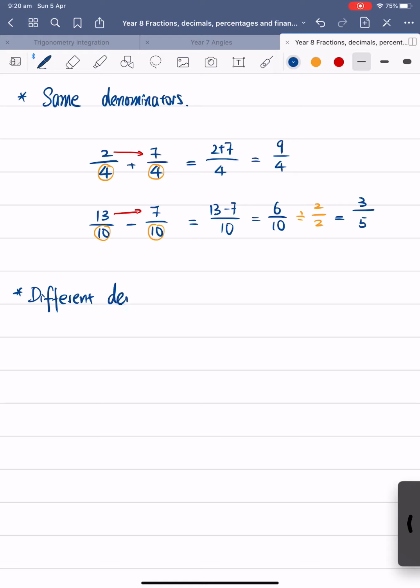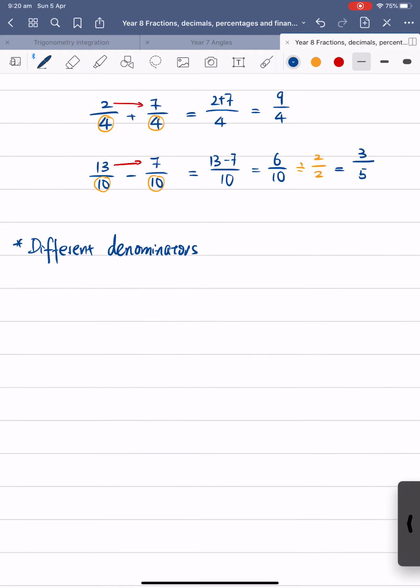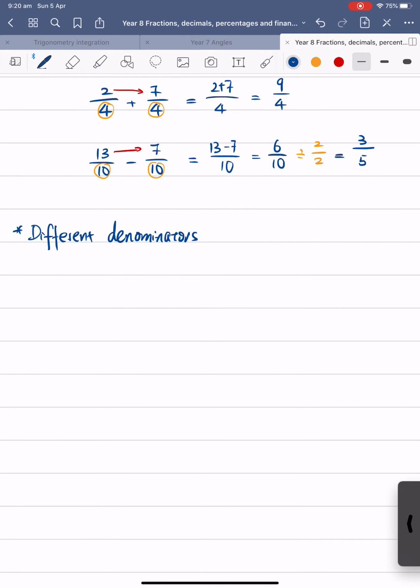So different denominators, and how do we do the calculation with different denominators? All right, so let's start with the first example here. How about 1 over 2 plus 2 over 3? How do we do this question here if the denominators are different numbers? All right, so what we need to do is there's a process called making the equivalent fraction.